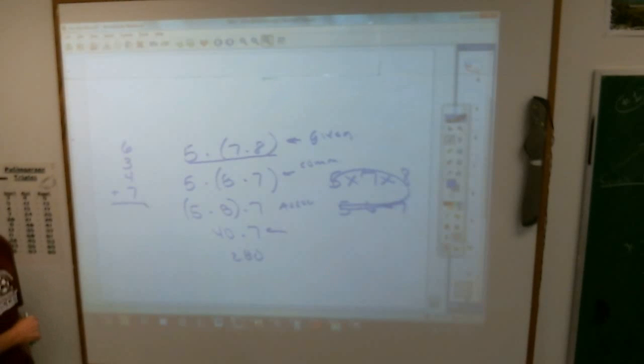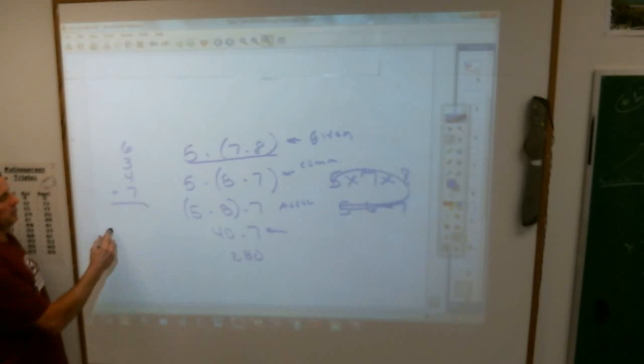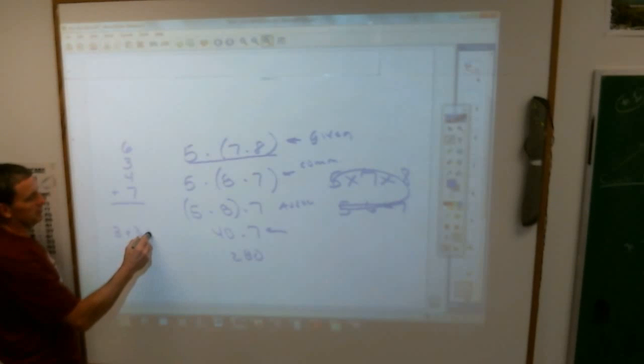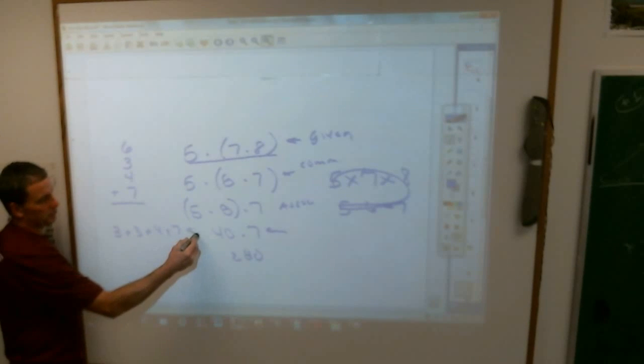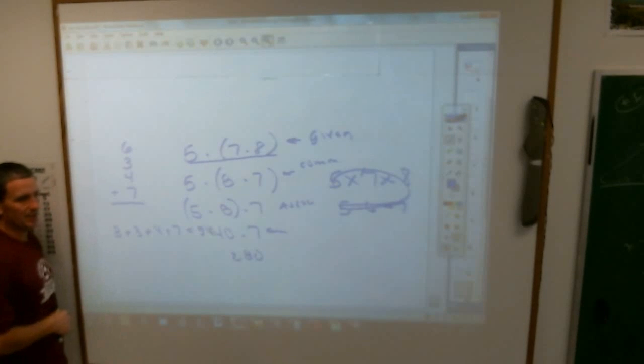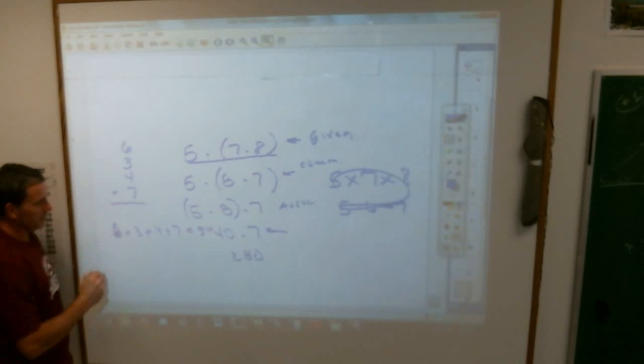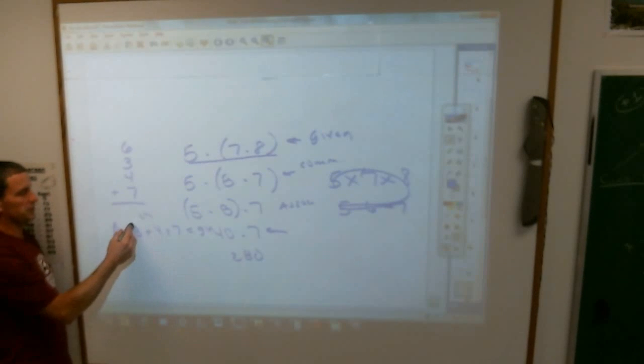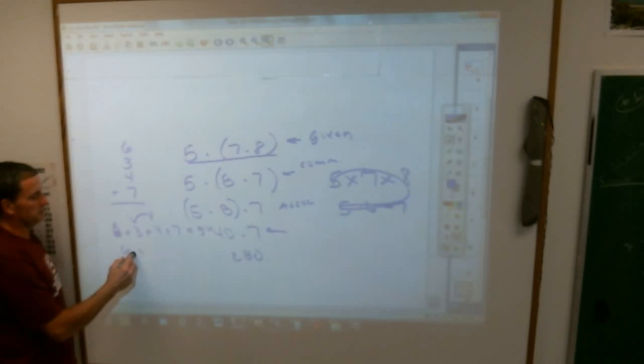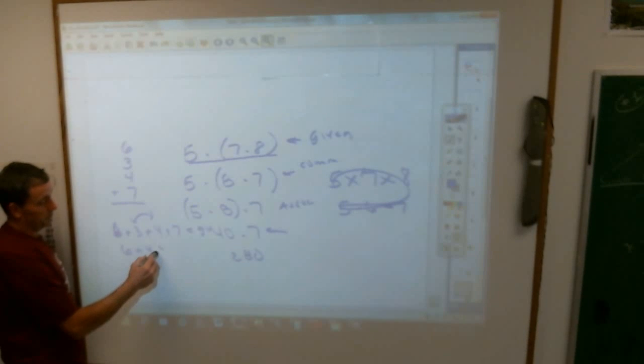And realistically, if somebody said prove why you can do that, you'd have to do this. 6 plus 3 plus 4 plus 7. That's your given, right? That's how I gave you the problem. Then what would you do? I wrote it down. Then you could change this with this, right? You get 6 plus 4 plus 3 plus 7.